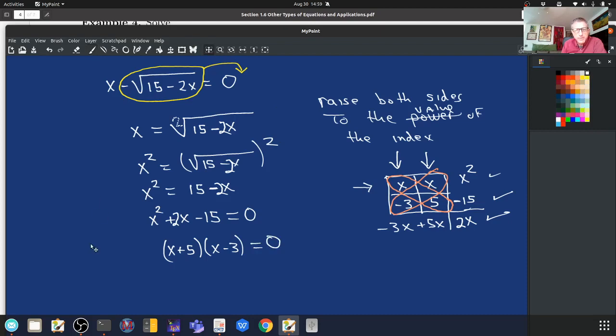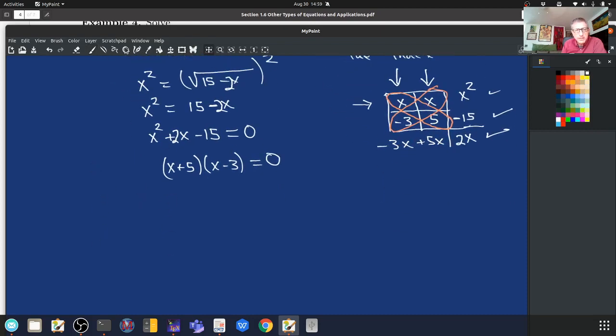So this means x plus 5 is equal to 0, or x minus 3 is equal to 0. Well, this first implies that x is equal to minus 5, and the second implies that x is equal to 3.